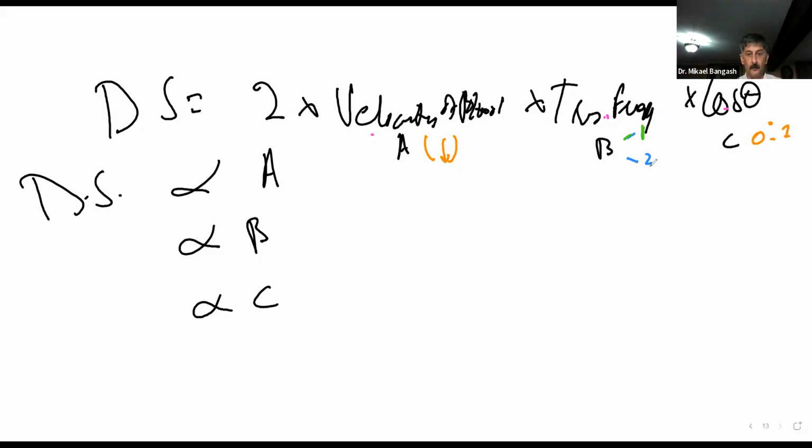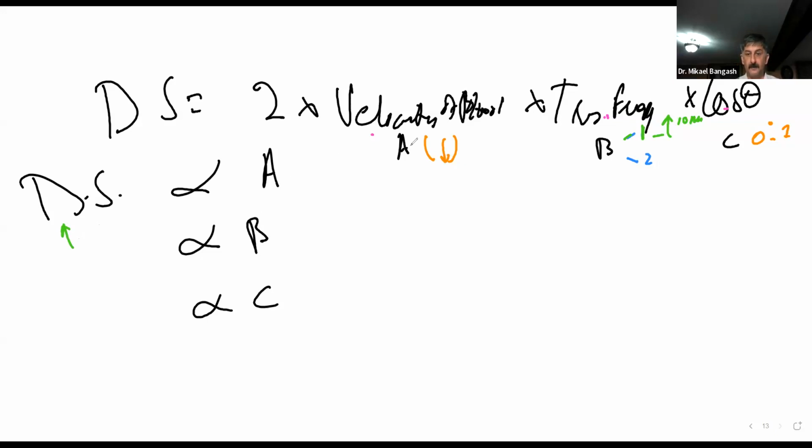If we had a high frequency, that will cause the Doppler shift to be high. Say it was 10 megahertz.